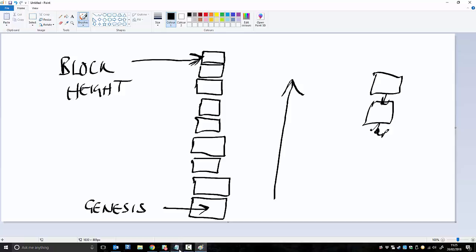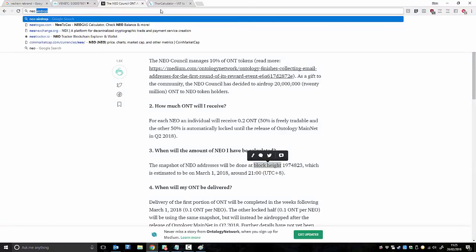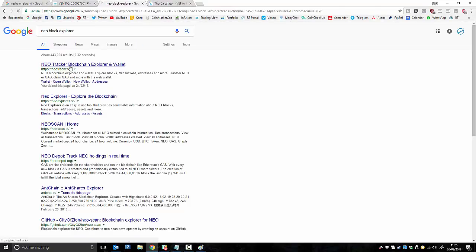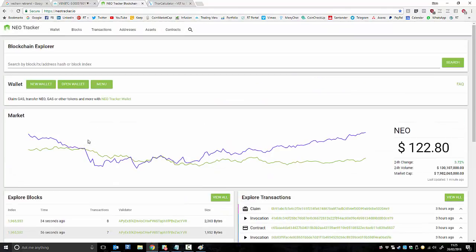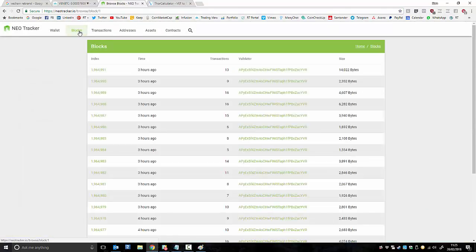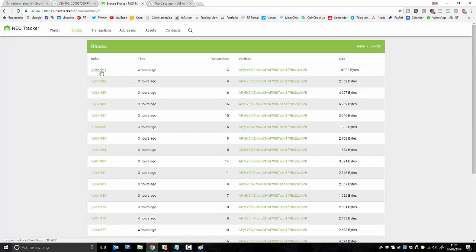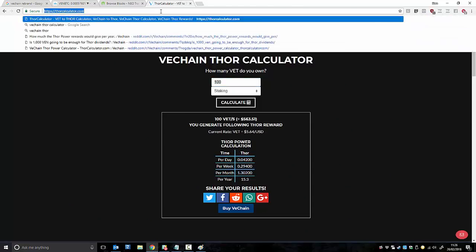So if you wanted to check the current block height of NEO, just go to a NEO Block Explorer, just like with any coin. You could use neotracker.io. So here we have the NEO tracker, and if we look at the blocks, you'll see here this is the block height, 1964991, and where has that gone?